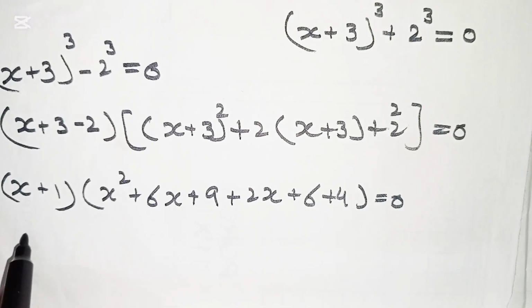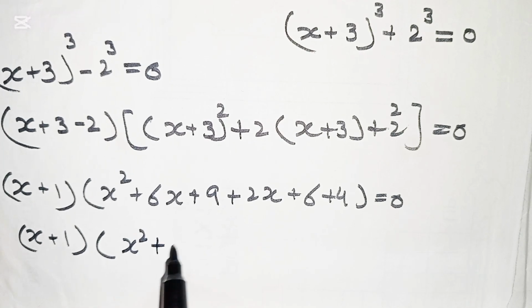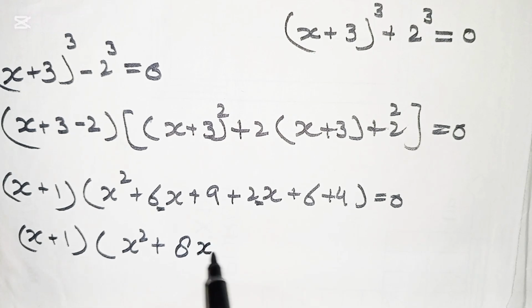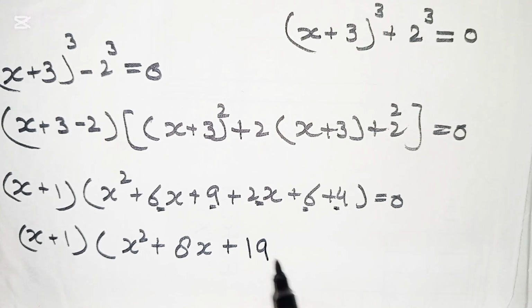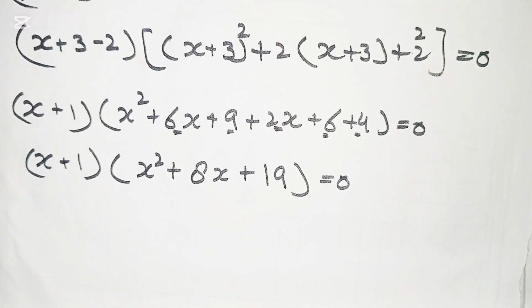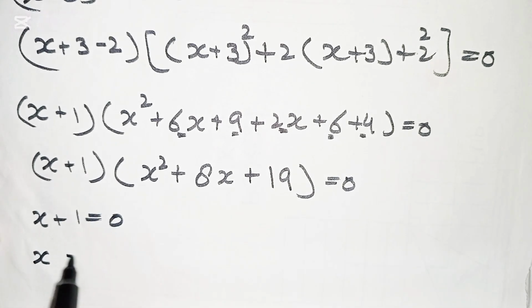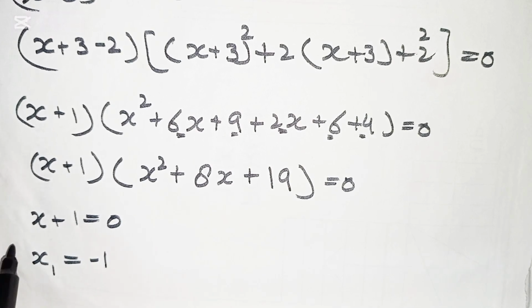Now x plus 1, and this x squared, and 6x and 2x is equal to 8x, and adding 9, 6 and 4 is equal to 19. So here x plus 1 is equal to 0, and now x is equal to minus 1, and here it is the first value of x.